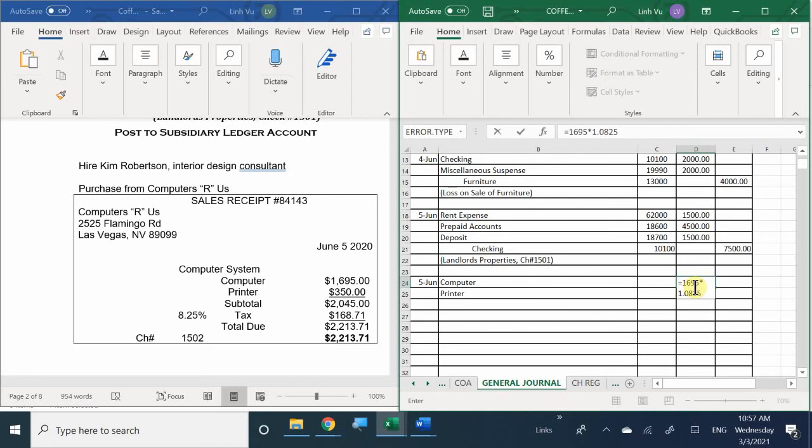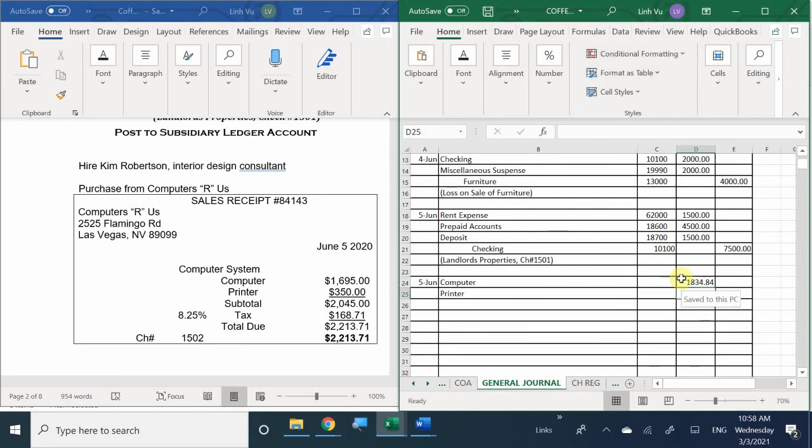Or in this case, how much tax is going to be towards the computer? $139.84.